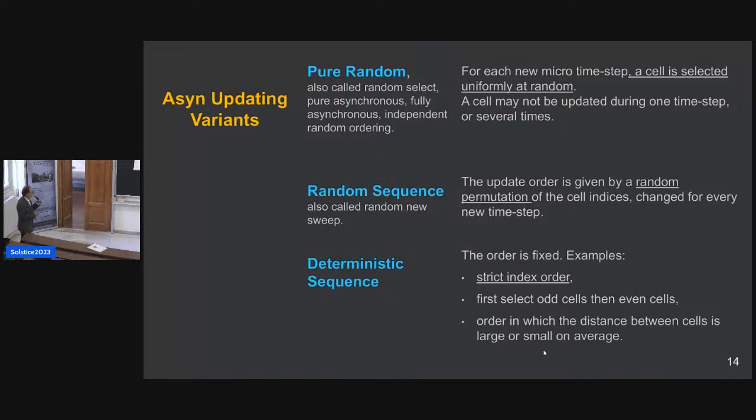Random sequence means that for each new generation, you use another sequence, let's say a random permutation of the cell indices. And you may also use a deterministic way of updating.